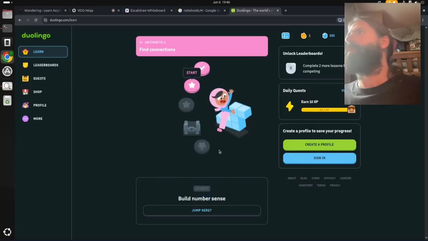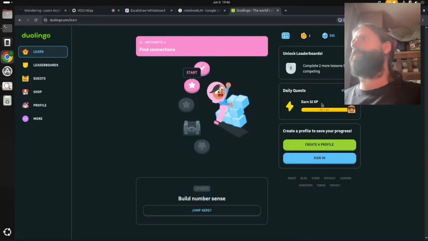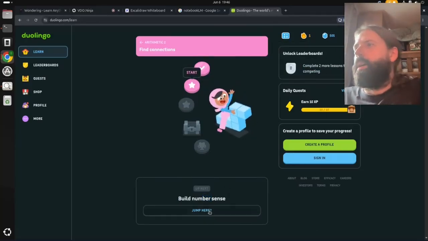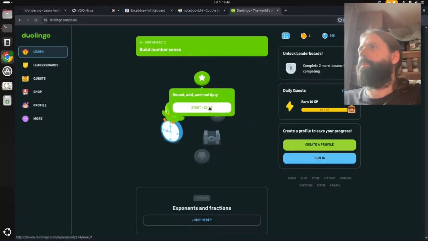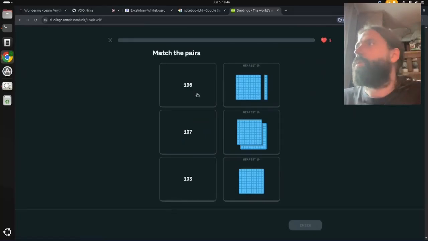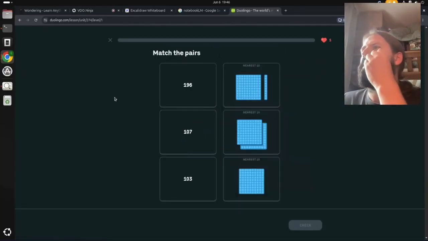Build number sense. Up next. It's like... I don't know what that is. I don't know what I'm doing. Okay, match pairs. What are we doing? What is that? Nearest 10. Nearest 10?